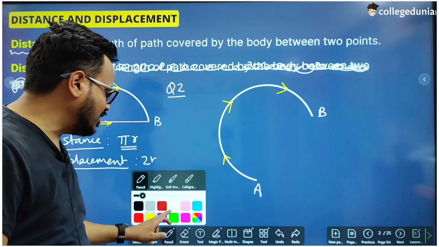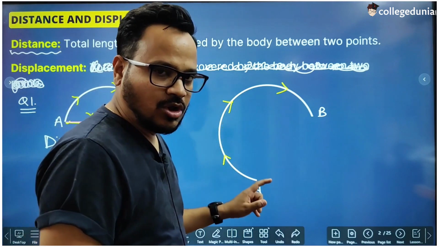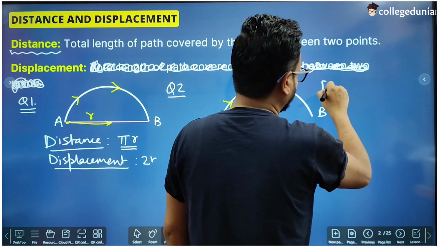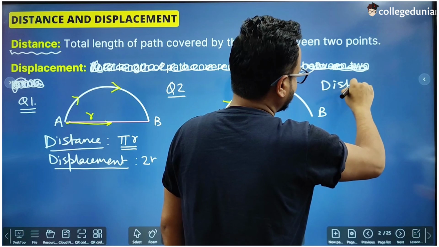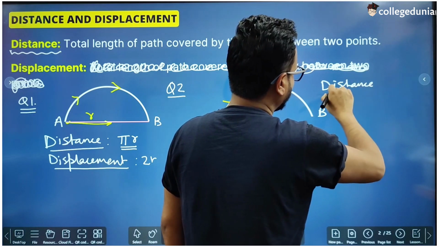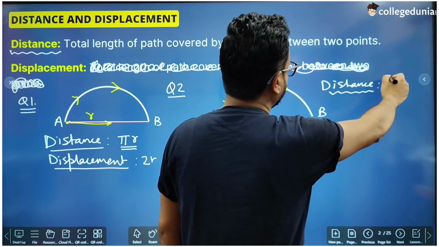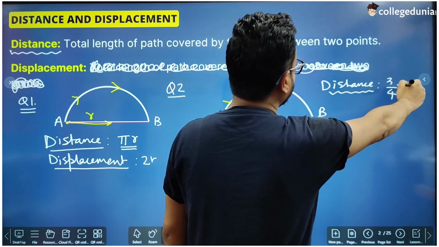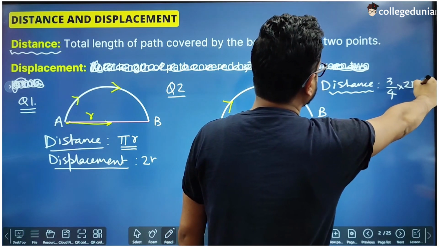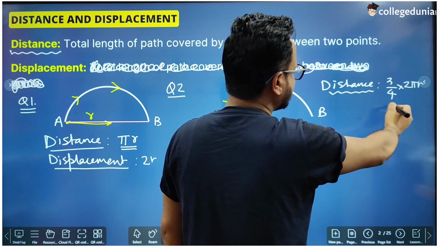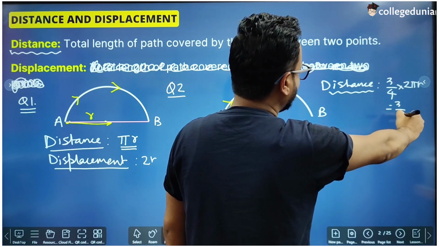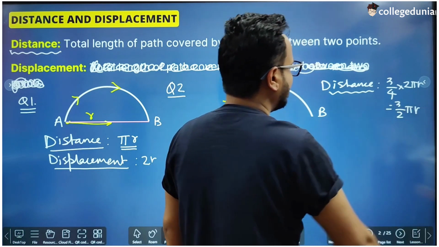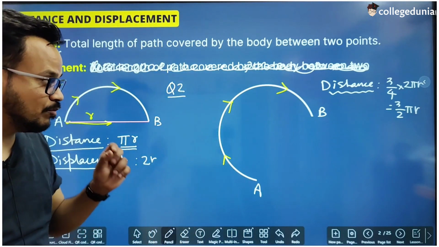So the distance of the body is 3/4 of the circumference of the circle, right? Distance is 3/4 of 2 pi r, which is 3 by 2 pi r.